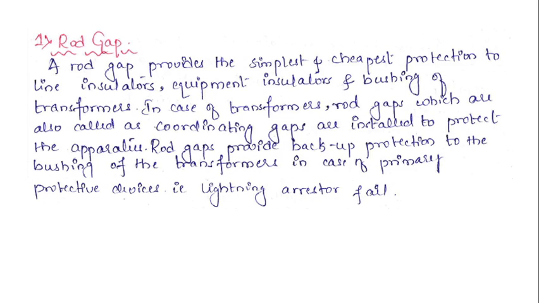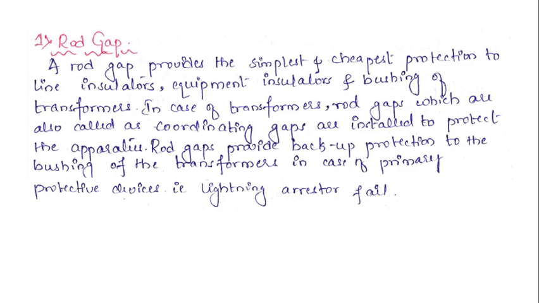A rod gap provides the simplest and cheapest protection to the line insulators, equipment insulators and bushings of the transformers. In case of a transformer, rod gaps, which are called coordinating gaps, are installed to protect the apparatus.